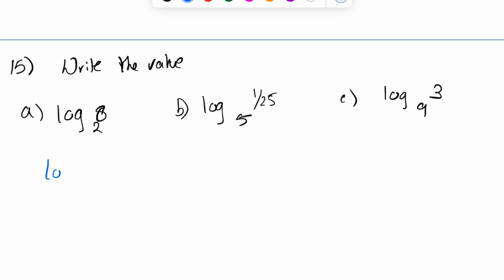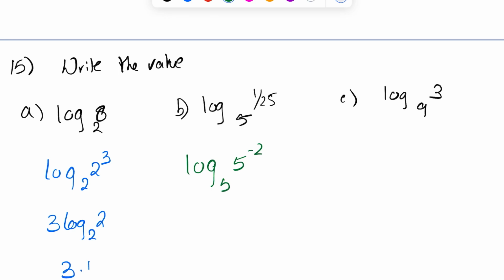So first of all, log 8 can be written as 2 cubed to the base 2. 3 comes in front, log 2 to the base 2, 3 times 1, 3. For this one, 25 can be written as 5 power negative 2 to the base 5. Negative 2 comes in front, log 5 to the base 5, so negative 2.